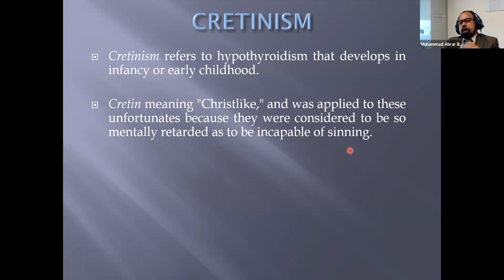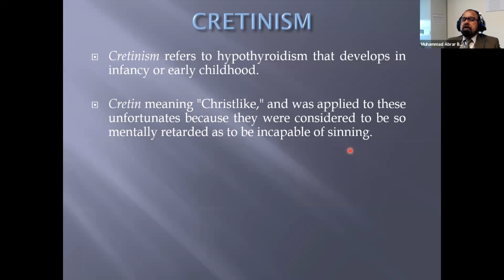They don't do the activities a normal child usually does. Normal children don't sit in one place; they run here and there, do all sorts of things, and are very hyperactive. But these children, with a low mental level, usually go and sit in one place, and they are not hyperactive.